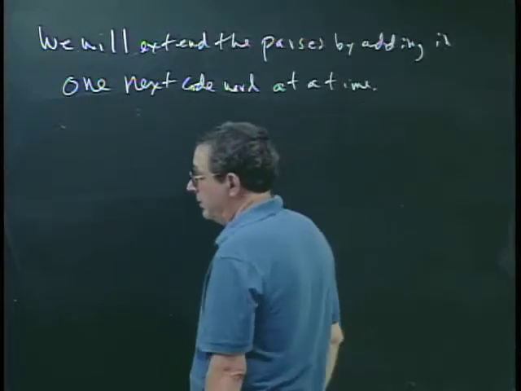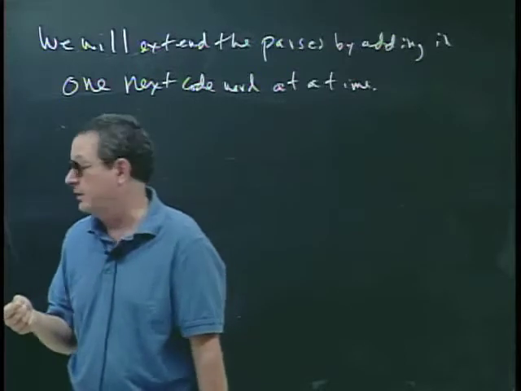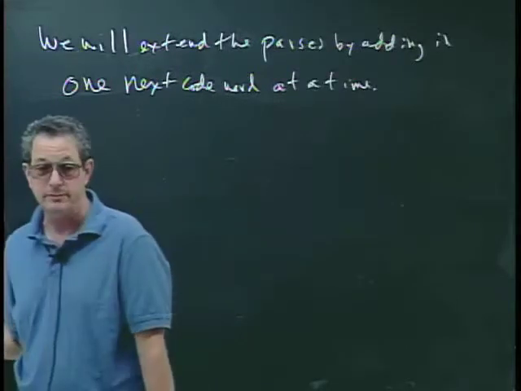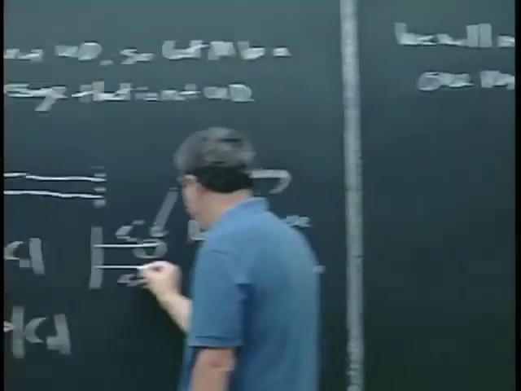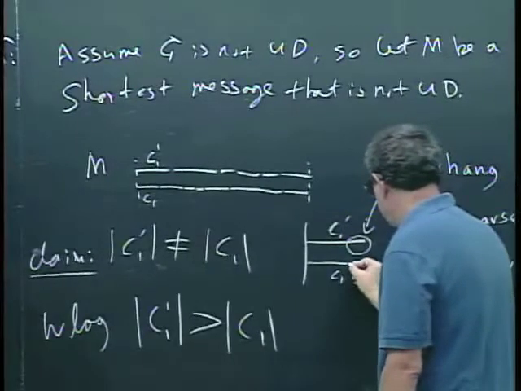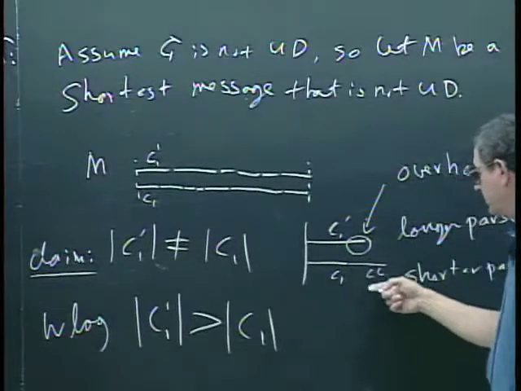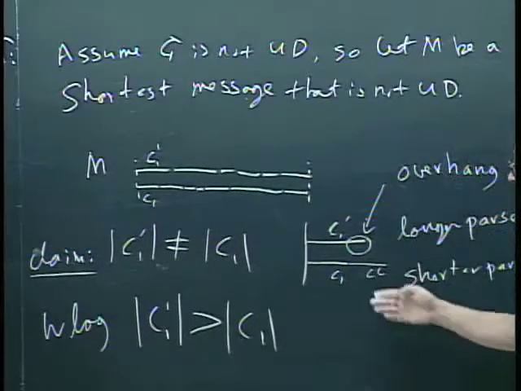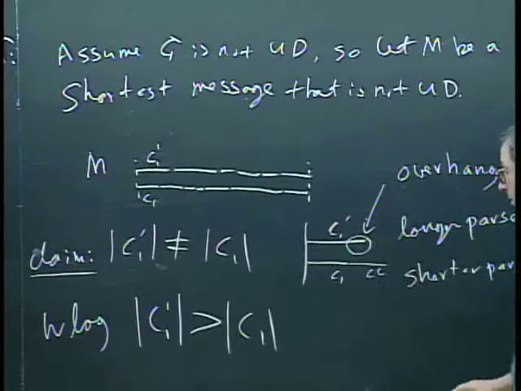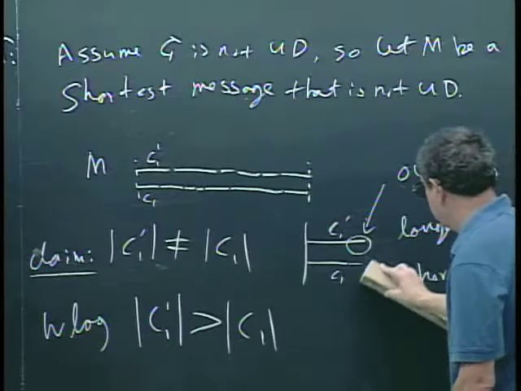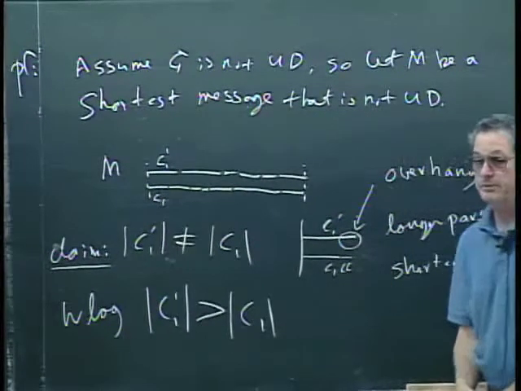And what we're going to always do is always add in the next code word of the shorter parse. Now, when you add the next code word, I'll call it CC, into the shorter parse, it could make this now the longer parse. Or, depending on what its length is, it could remain the shorter parse.